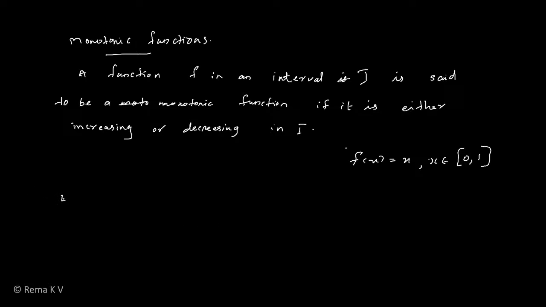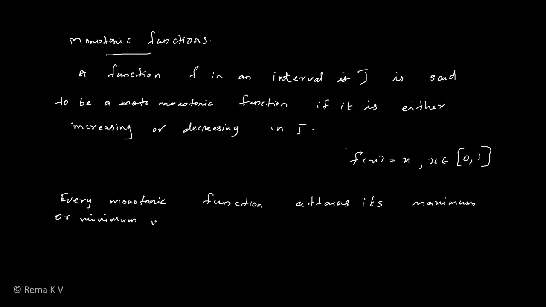And now the result: every monotonic function attains its maximum or minimum value in the endpoints of its domain of definition.